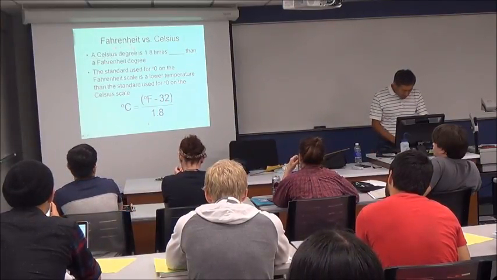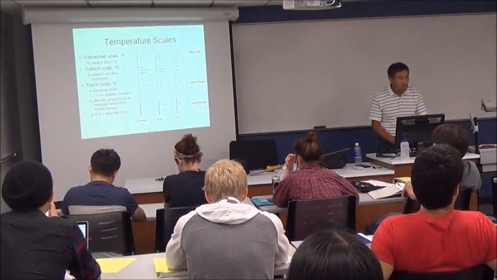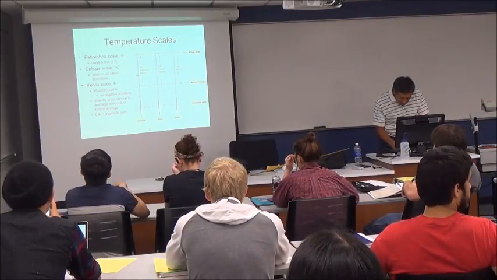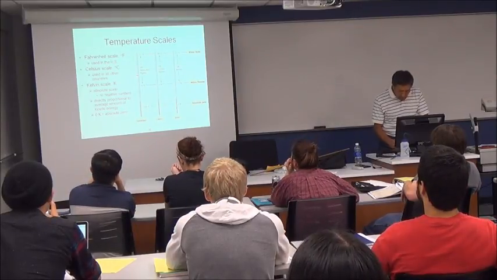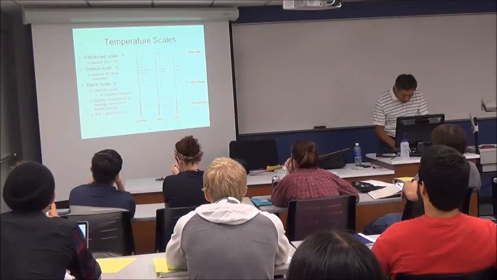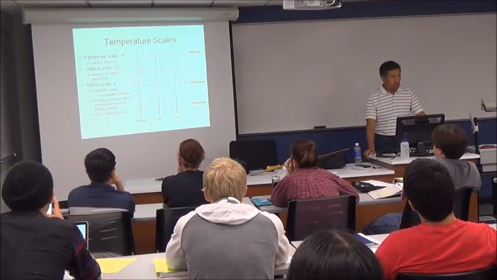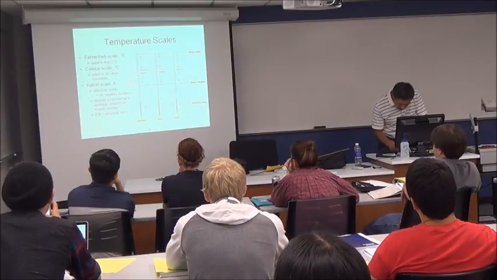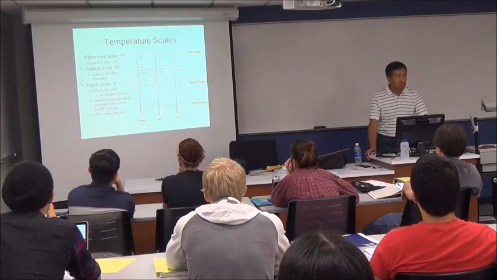If I can go back to that slide, I'll tell you what I mean by the step. Okay? You can see here is one line, and here is another line, and this is one step. This is one step in Fahrenheit. Right? So then from here to here is one step in Celsius.